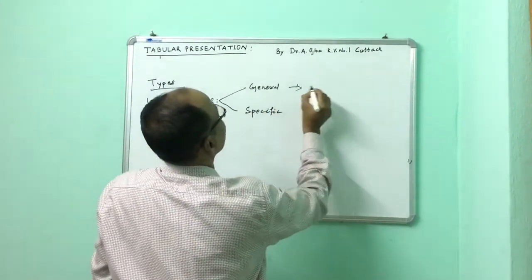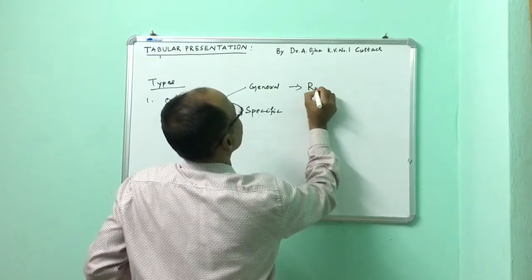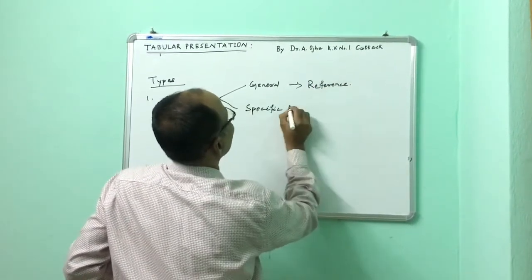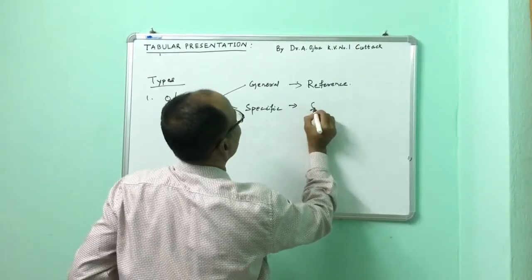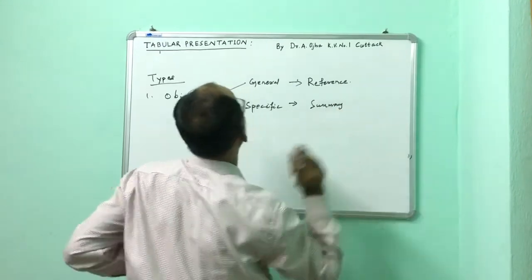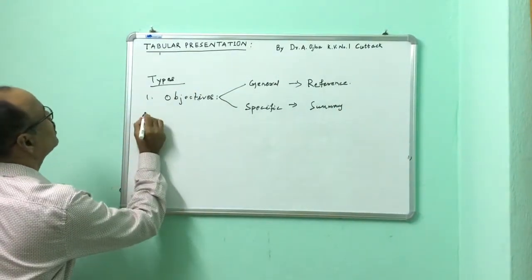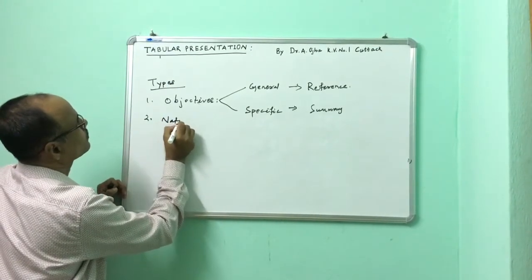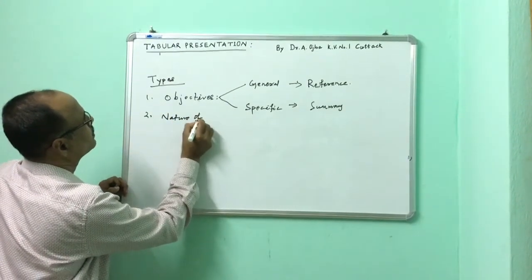General means reference table, and here is the summary table. Next is on the basis of the nature of inquiry.